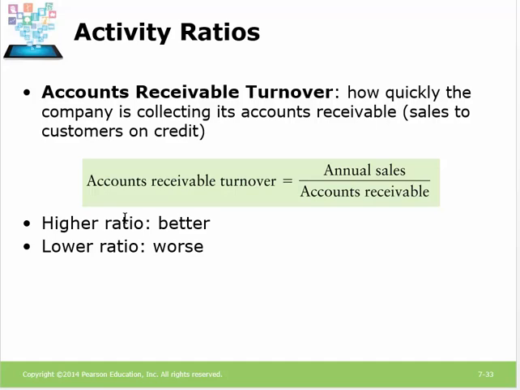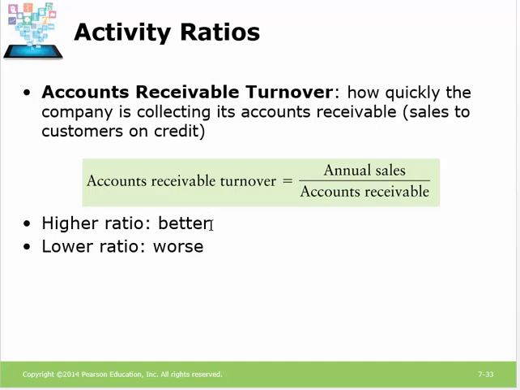Next, we want to switch to activity ratios. How well does the company utilize the assets that it has? So the beginning activity ratios talk about short-term assets. Accounts receivable turnover. How quickly is the company collecting its accounts receivable? If you think about this, it's how many times a year do we get paid for the debt that we owed?